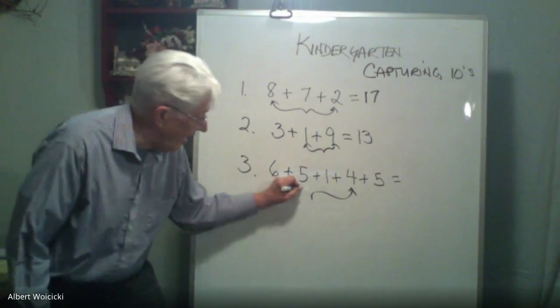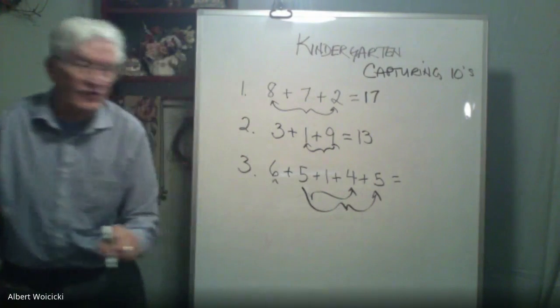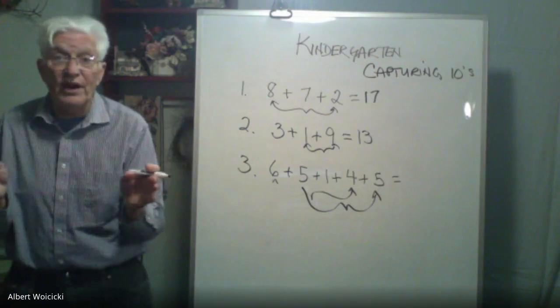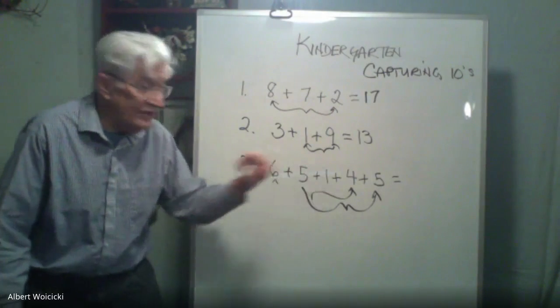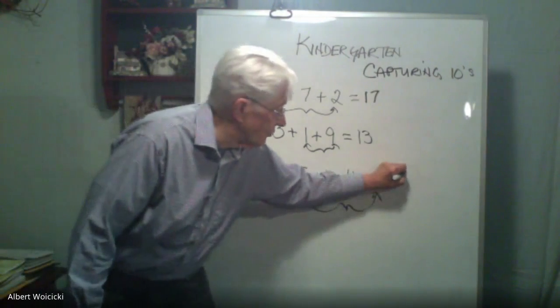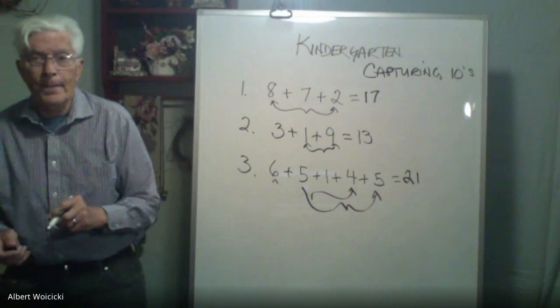And we know 5 plus 5 is 10. And then we know those two make 20 easily, and that just leaves us with the 1 makes 21. We don't have to crawl through our information to get to it.